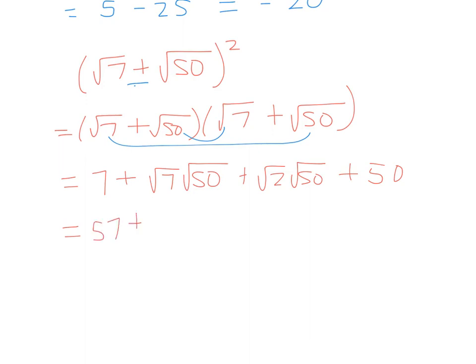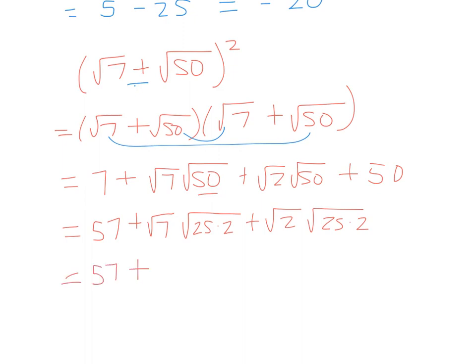Now, we've got this square root 50, which let's rewrite because it has a perfect square as a factor. And then we have another one of those. So we have 57 plus square root 7 times square root 25, which is just a 5, and then times the square root 2, and then we have another one of those. I need to go back here. This should have been a 7. There we go.